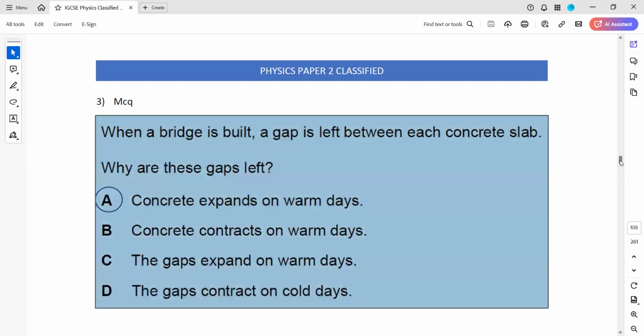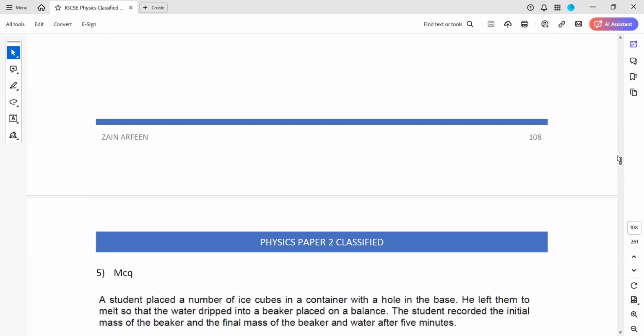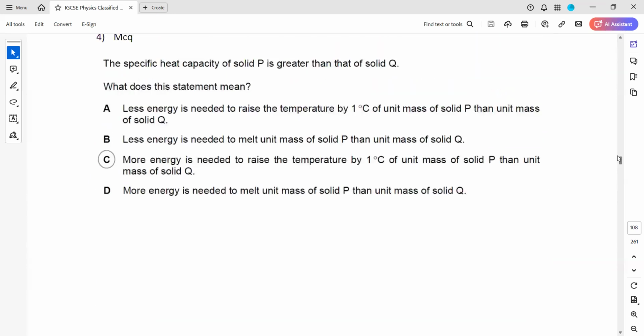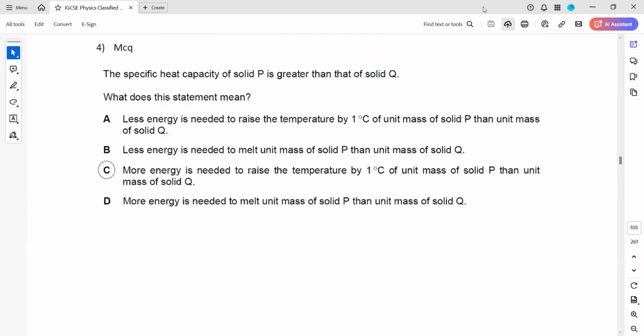Next we have question 4. The specific heat capacity of P is greater than Q. We have the formula that specific heat capacity is energy divided by mass times temperature change. That's the formula for specific heat capacity.